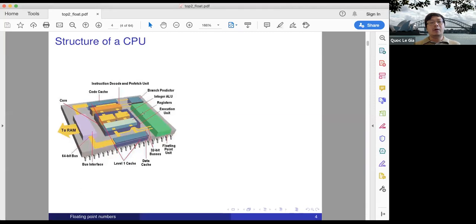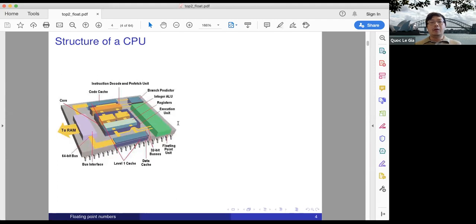All your calculation is done inside these floating point units. So now we just focus on the structure of floating point units. That is the aim. It doesn't matter if you use MATLAB, Python, C, Fortran, or C++. They use the same principles because this is a hardware problem.